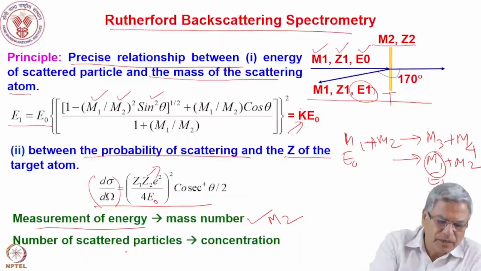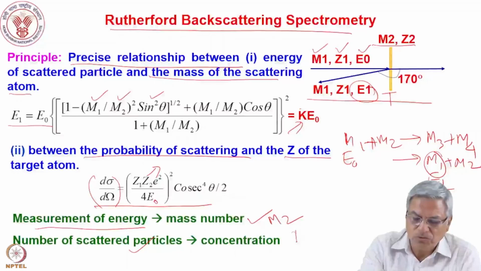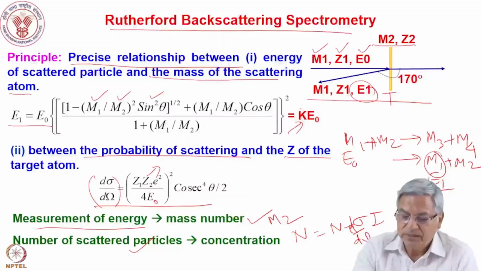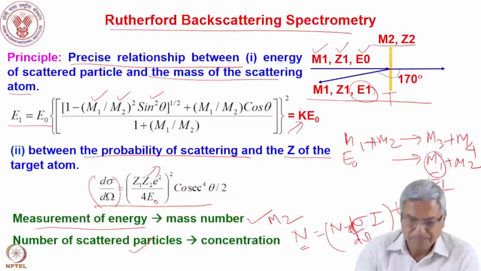And from the number of scattered particles, what do you know? The scattered particles will be N t sigma I, where this sigma will be d sigma by d omega. So this is the number of particles into t, and so this tells you the concentration of that particular target.